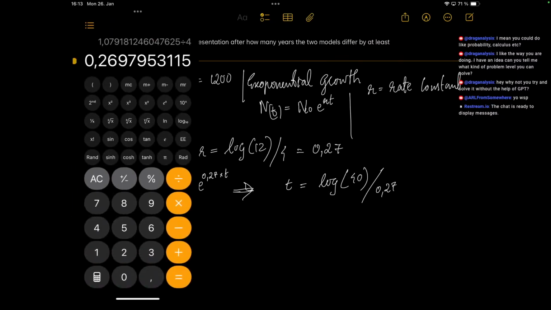Where is the calculator? 5.96 years. Approximately 6 years.